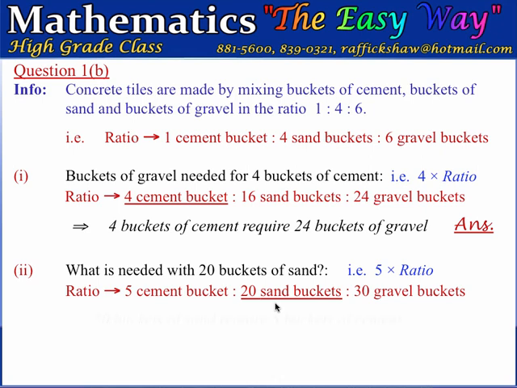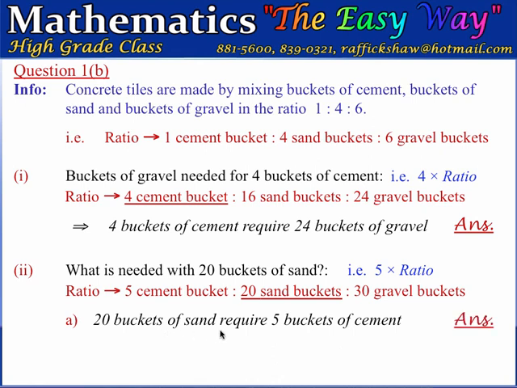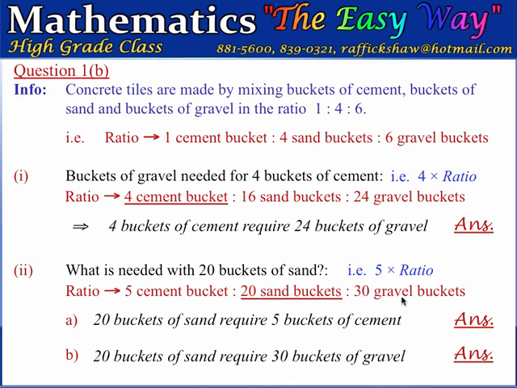The answer here is that for 20 buckets of sand, we will require 5 buckets of cement, and we will require 30 buckets of gravel. And so that's the answer: 20 buckets of sand will require 5 buckets of cement and 30 buckets of gravel. And that's the answer for part B. Let's move down now to part C.